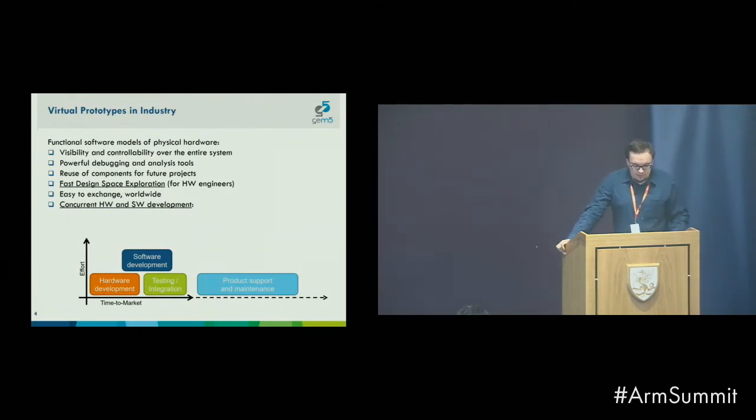What we can do as hardware engineers is fast design space exploration. That means we can try out different things, like how big is my cache, or what is the number of cores that I should use. And it's easy to exchange. If I build an FPGA prototyping board, then I have to send it to another country. This is more complicated.